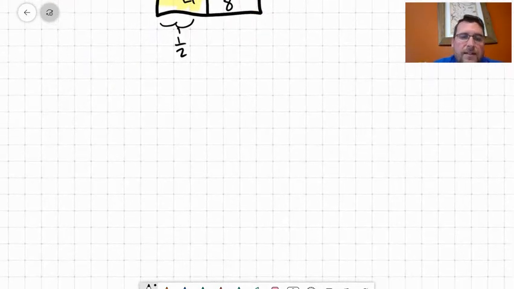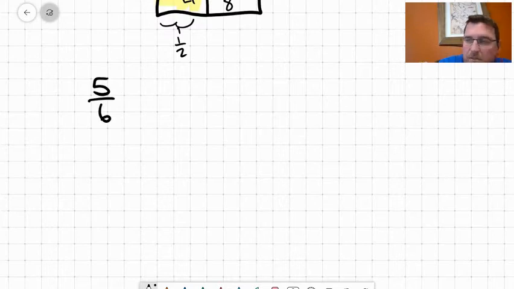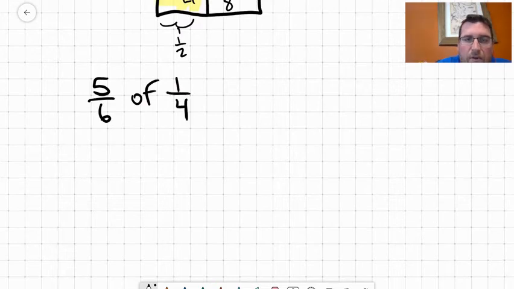Now, let's do another one. So we'll try this one. This is going to be a little bit more, not difficult, but a little bit bigger space. We're going to do 5/6 of 1/4.